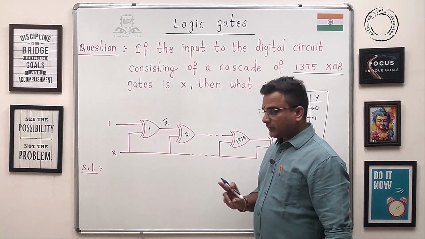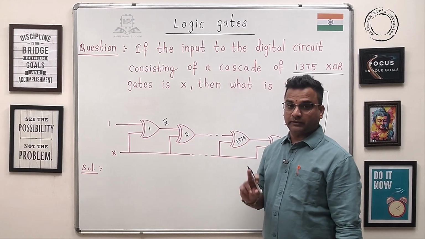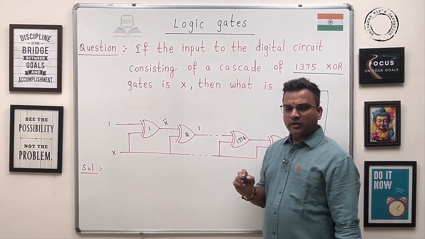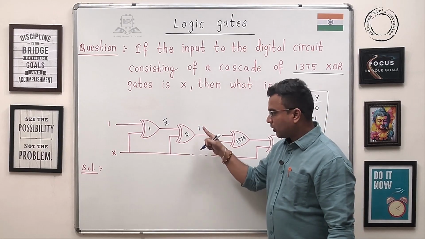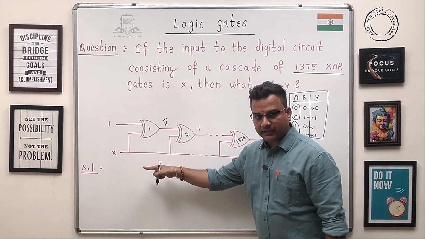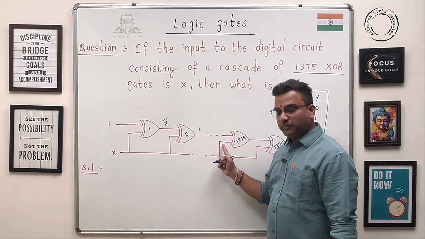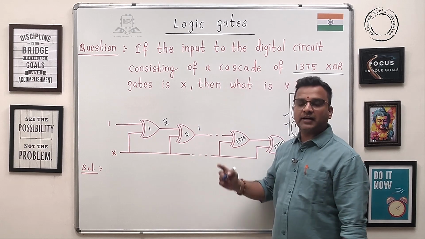So if the XOR gate has X bar and X as inputs, then the output will be logic 1. Similarly, for the third XOR gate, the inputs are 1 and X, so you will get X bar only. Again, X bar and X at the fourth XOR gate, the output will be logic 1.